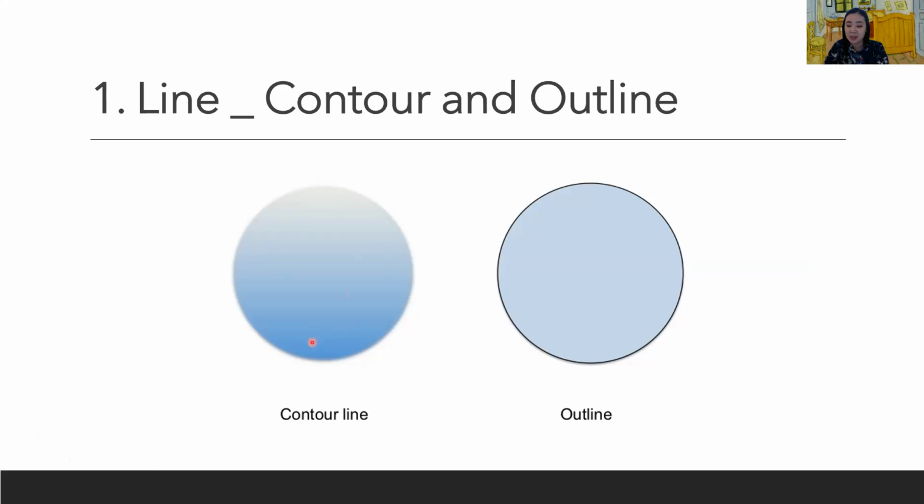However, we can easily recognize it is a circle with the shading. So that's called contour line. And on the other hand, the right circle has a defined line. So we can recognize a circle shape with the defined line. So that's called outline. Very good.